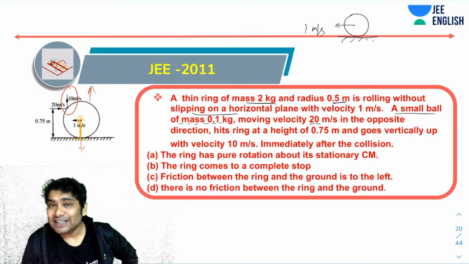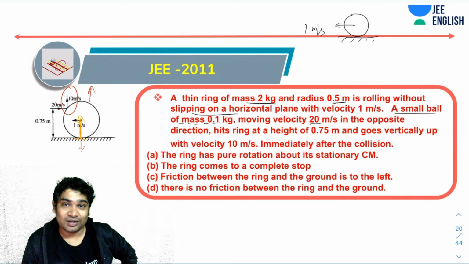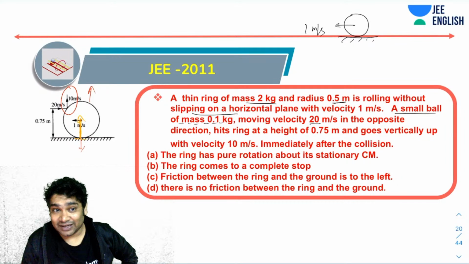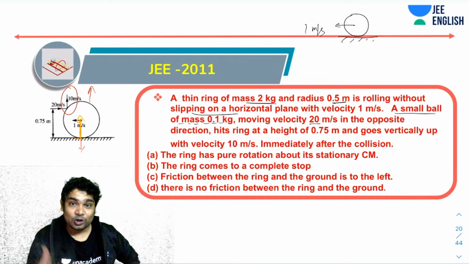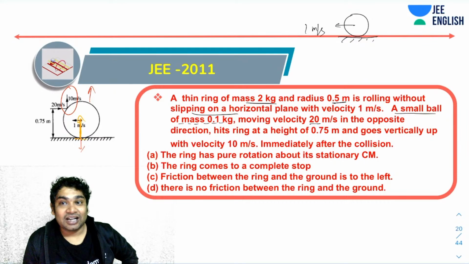So that leads me to believe, since mu has not been told, that D must be correct. There must be no friction between the ring and the ground. So that is one thing that I can logically conclude. Otherwise, to analyze the situation, they should have given me the value of the coefficient of friction.